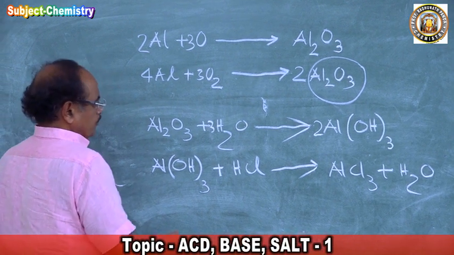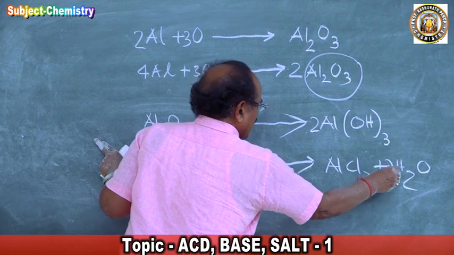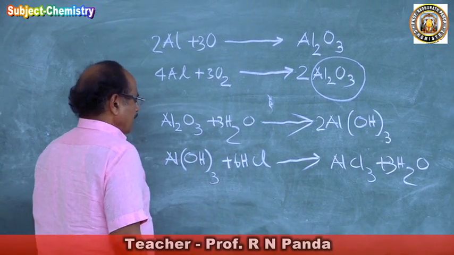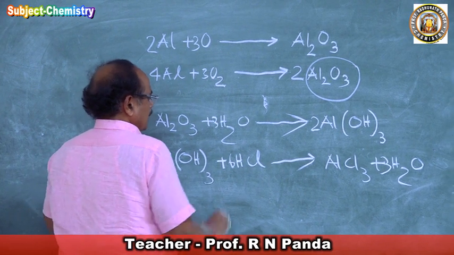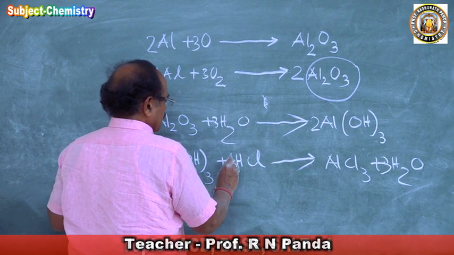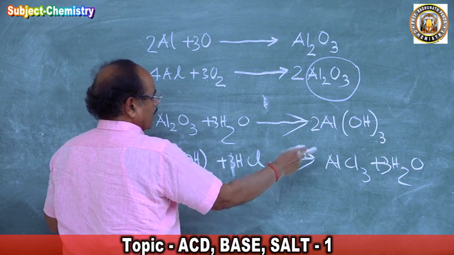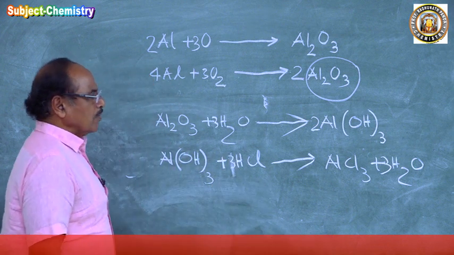So you have 3 water and this is 3 HCl... sorry, 3 OH. So 3 water, and you will have aluminium chloride.